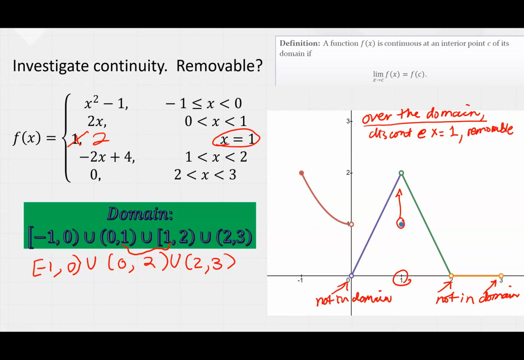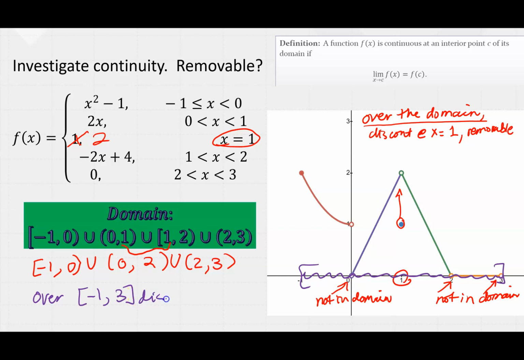Okay, now if we're talking about the function being continuous over, say, the interval from -1 to 3. If we're talking about the interval from here to here, then we have more points of discontinuity. Okay, does that make sense?